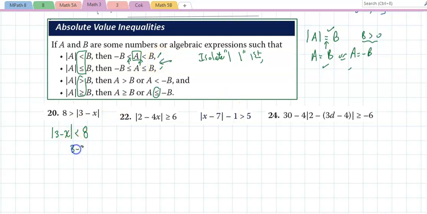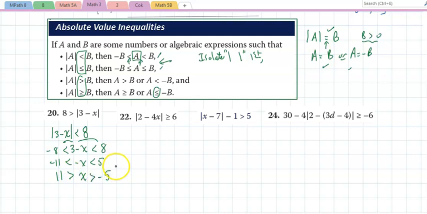Basically, whatever's inside the absolute value, to the right positive, and to the left negative. And there it is. When I solve this, we're going to subtract 3 from each side. And when I divide by a negative, I switch the inequality symbols.